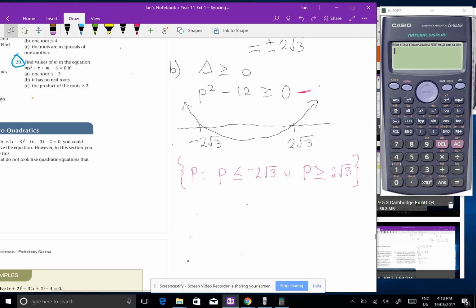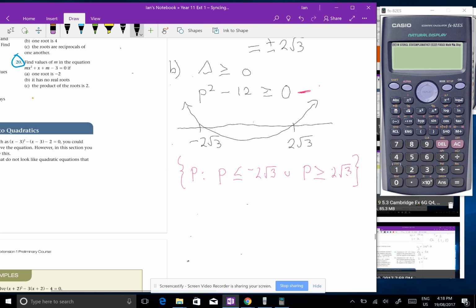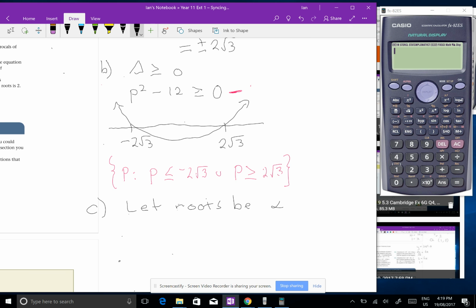Now the last bit of this question, C. So C, one root is double the other. So here we'll use our product and sum. We'll let the roots be alpha and 2 alpha.